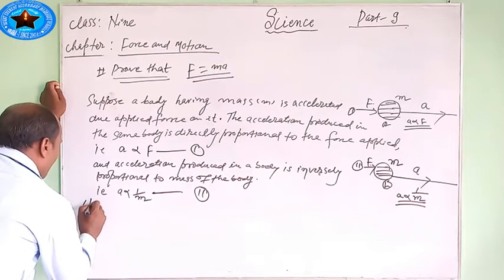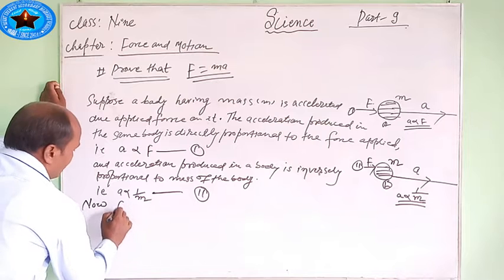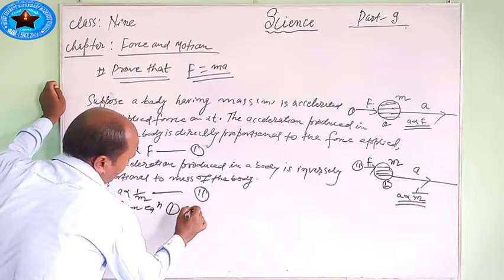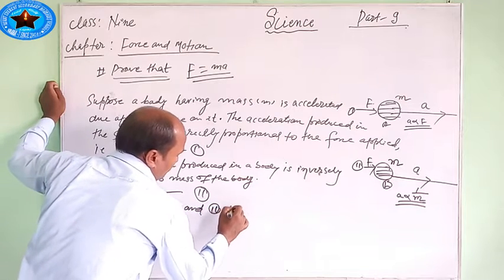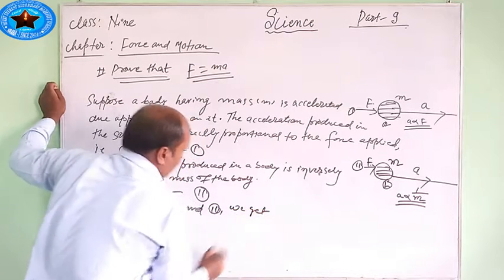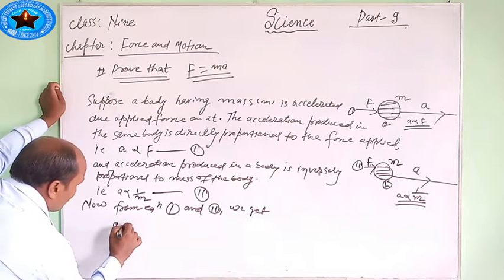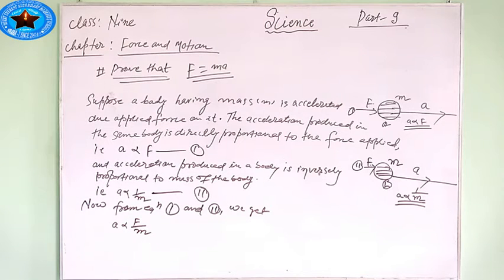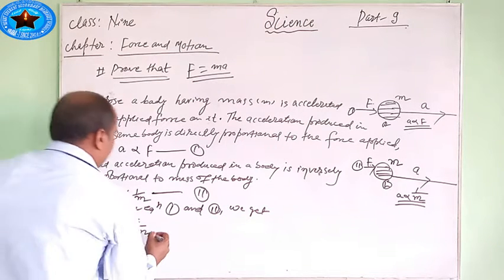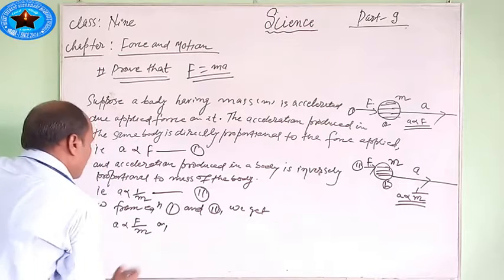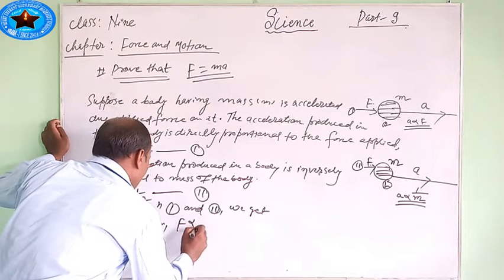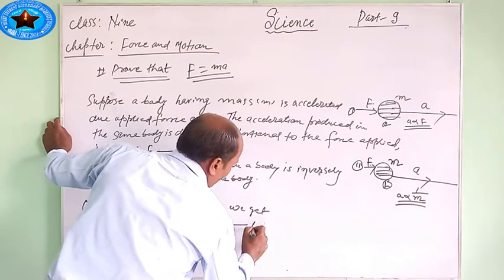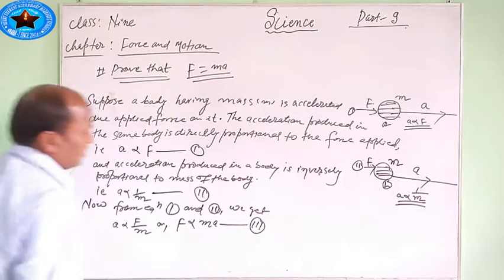Now from equations 1 and 2, we get A proportional to F by m. In this way you can also write F proportional to m a. This is equation 3.